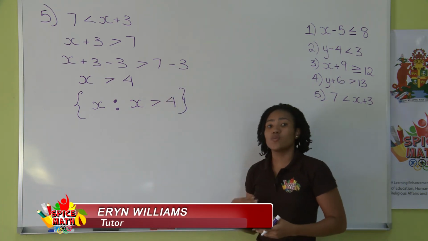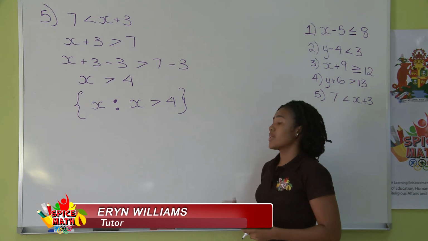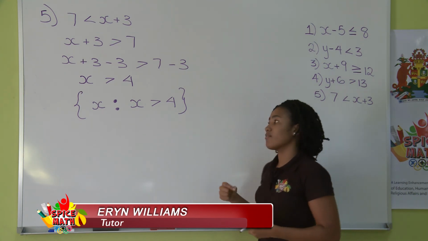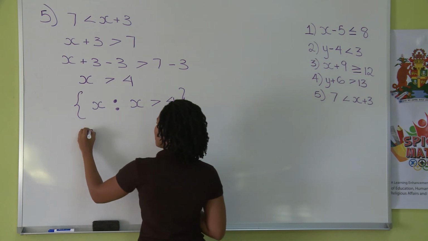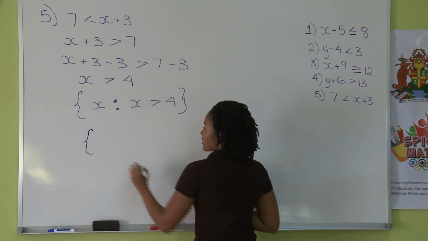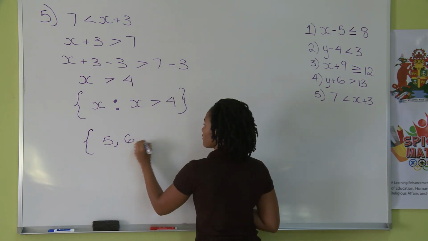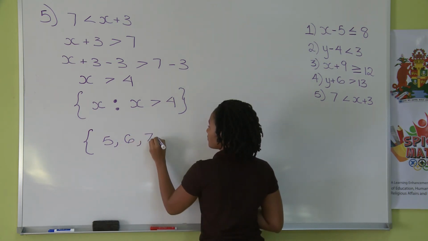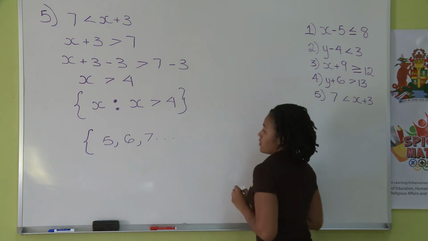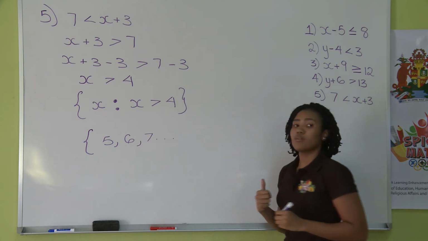And once again, assuming that x is an integer, x can be any one of the following values. x can be 5, 6, 7, continuing on to infinity.